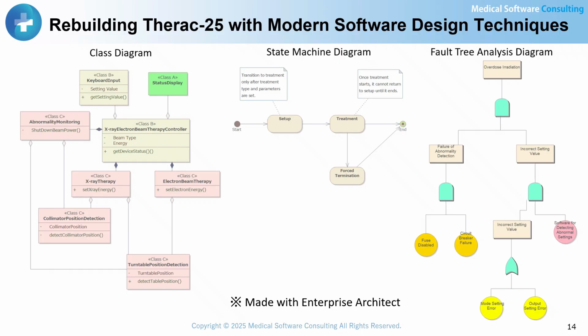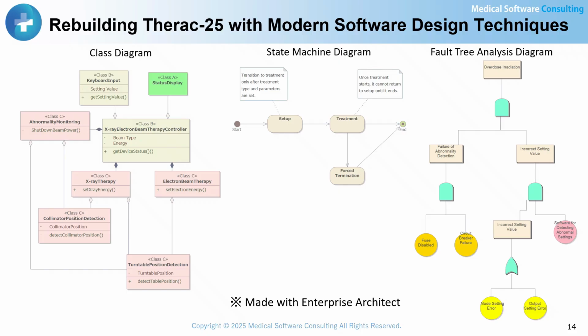In modern design, such unsafe transitions are prevented by explicitly defining transition conditions. For example, the system would not be allowed to enter the treatment state unless all setup steps were completed. Additional safety conditions, such as completion flag set and abnormality monitor OK, are incorporated to further reduce the risk of malfunction.